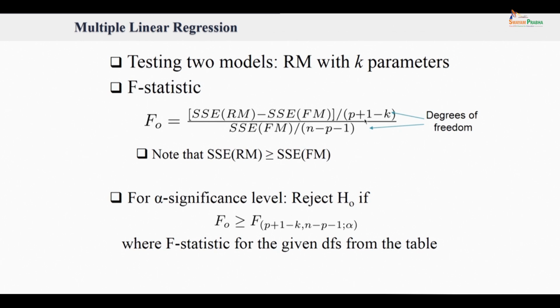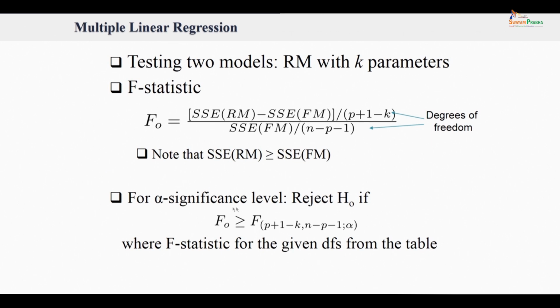For this particular case it is exactly p, and the denominator degrees of freedom is n minus p minus 1, and with the alpha level of significance we use, we compute the critical value from the F distribution. Then we compare the test statistic with the critical value, and if the test statistic exceeds the critical value at this level of significance, then we reject the null hypothesis. That is, we will say the full model is a better choice and the independent variables do make a difference.